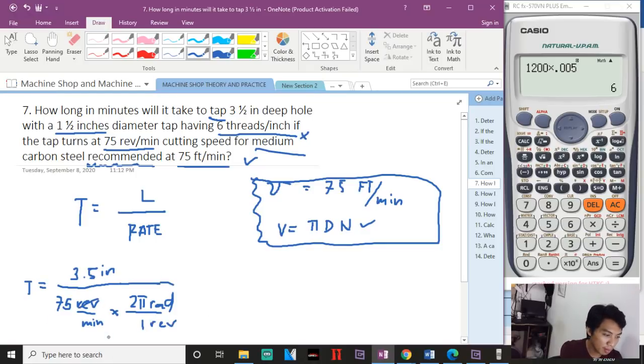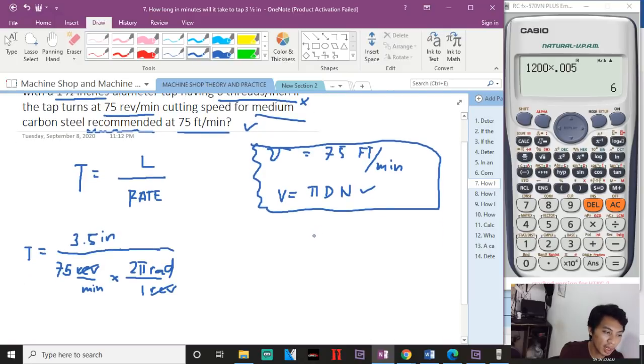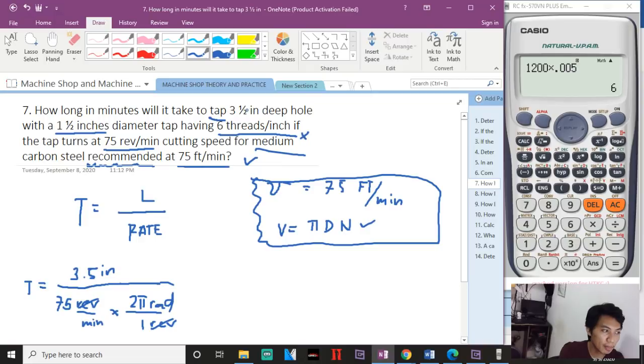So, cancel. Mabilis yung revolutions niya. Inch deep hole. So, napaka-ikli lang ng time. Yakit mo yung minute. So, dapat to 3.5 ano eh.